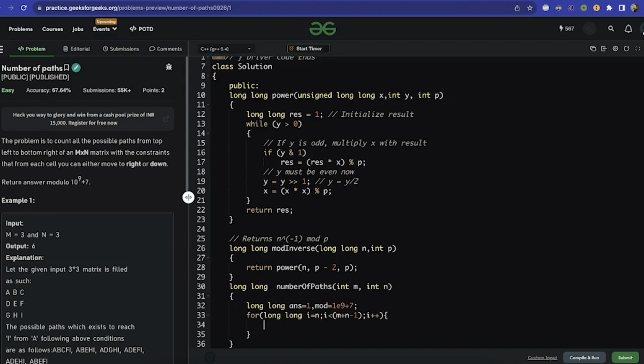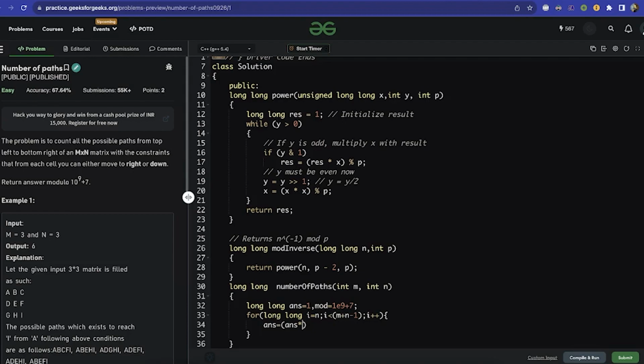At this point we would have answer equals answer multiplied by what? This is n factorial, so we would compute the factorial at each point. Like we want to go till n, so first it would be 1, then 1 multiplied by 2, then 1 multiplied by 2 multiplied by 3.